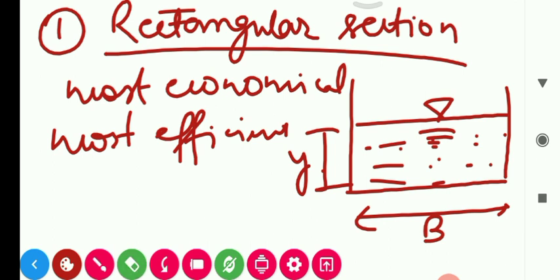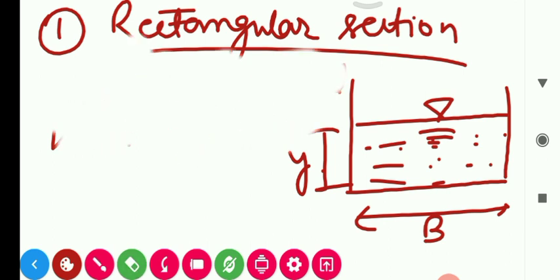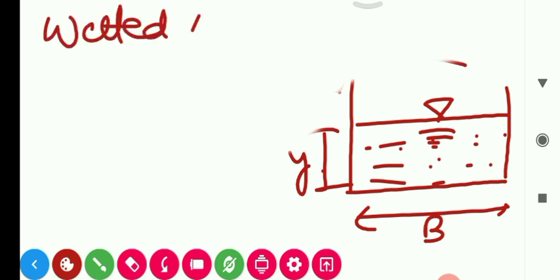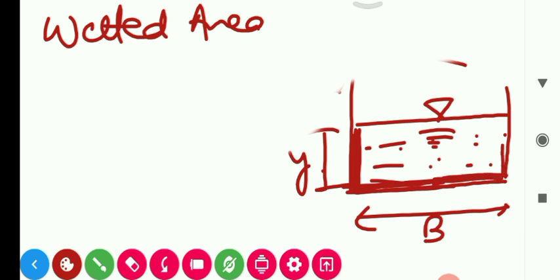Okay, so let's derive this formula. We need to minimize the perimeter. Okay, so first let us find wetted area. What is the wetted area? This is the wetted area, this amount.